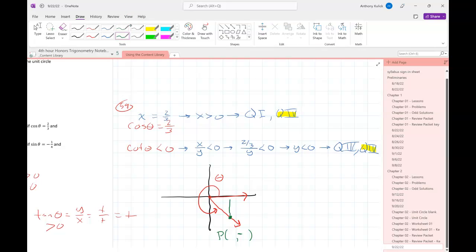Okay, if I go ahead and draw my reference triangle there, I know this side is 2, and this side is 3 because cosine is x over r. I can then use the Pythagorean theorem to find y. So y is going to be the square root of 5.